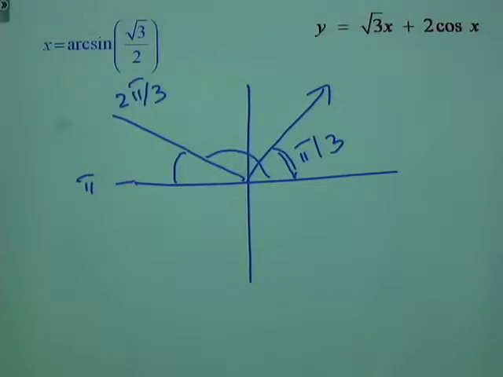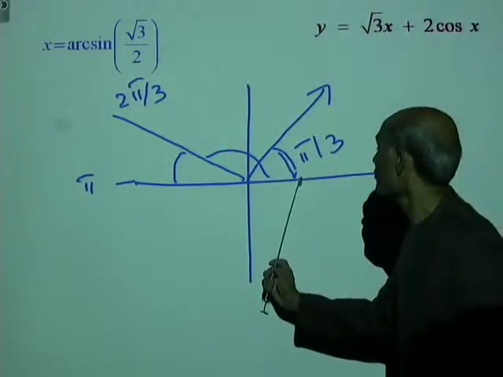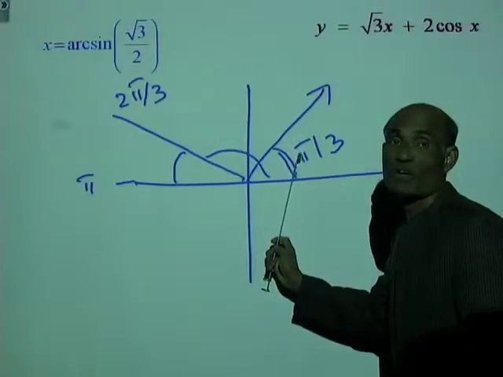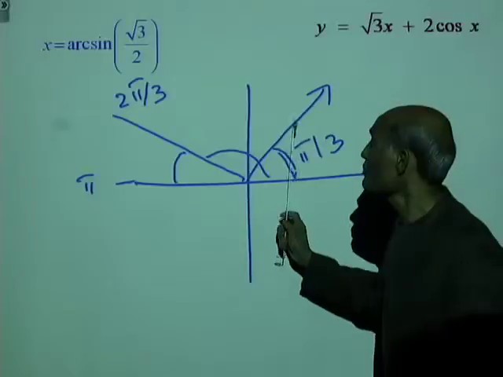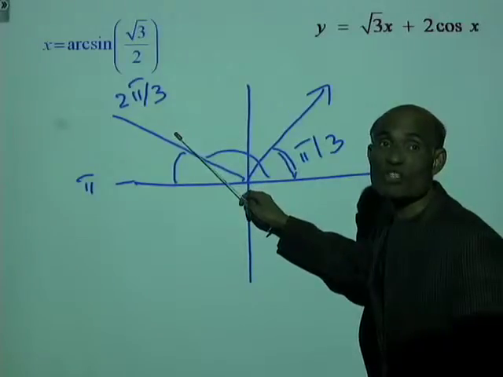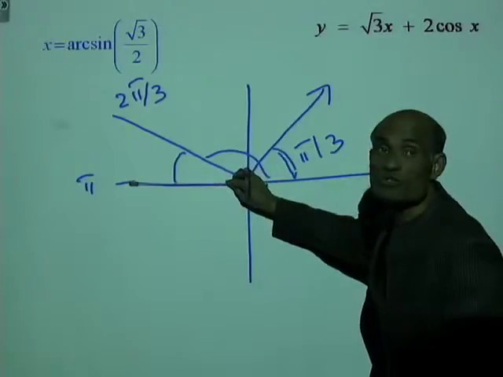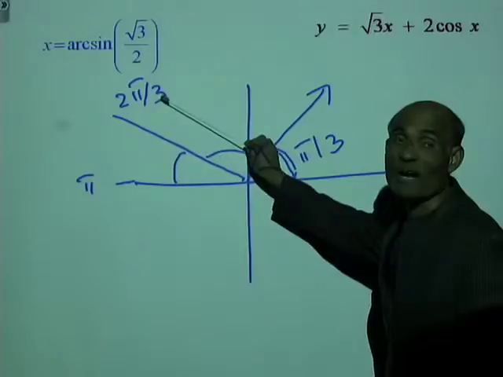Let me explain that one more time because most of you are not very good at this, I know. So this angle is pi by 3 in the first quadrant. Now, that means the reference angle is pi by 3. So what is the corresponding angle in the second quadrant? This reference angle is pi by 3. That means you take away pi by 3 from pi, you get 2 pi by 3.